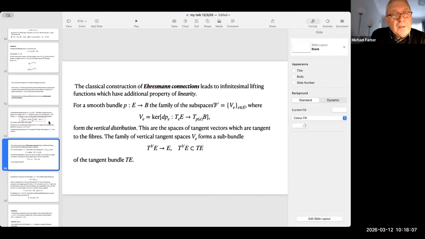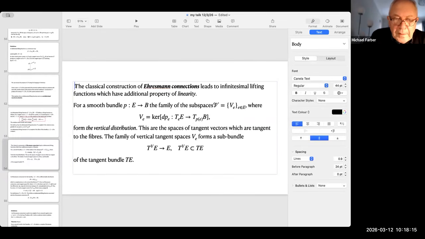Anyway, there is a classical construction which is called the Ehresmann connection, and it also gives an infinitesimal lifting function, but of a special kind. This is classical, and it is the following.